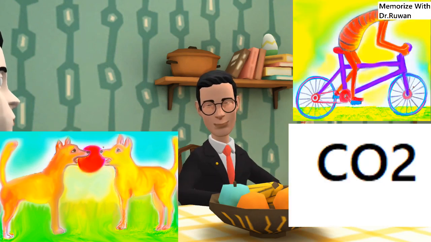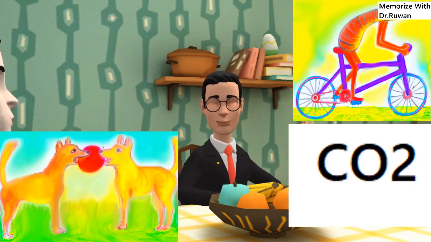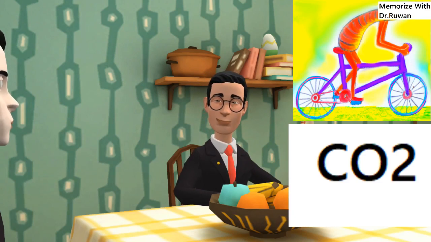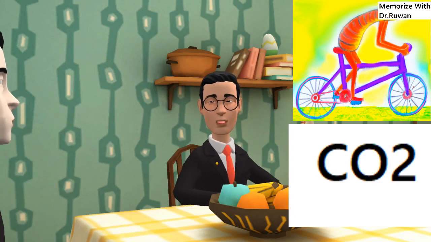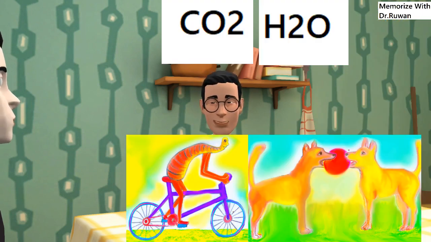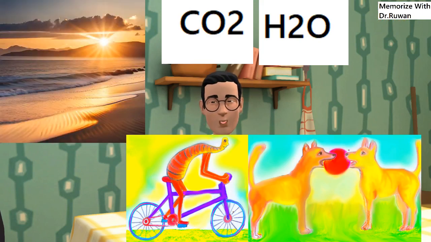Now listen, this is what happens. The leeches on bicycles, representing carbon dioxide, hit the dogs eating buns representing water. This happens at dawn, not during the night, because it requires the sun's energy.